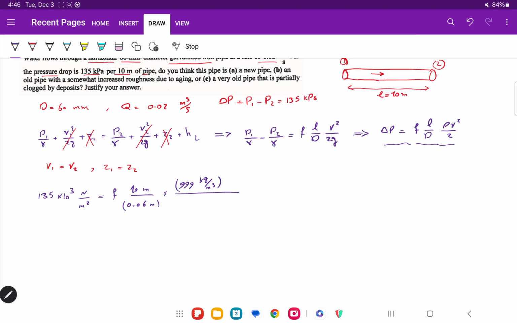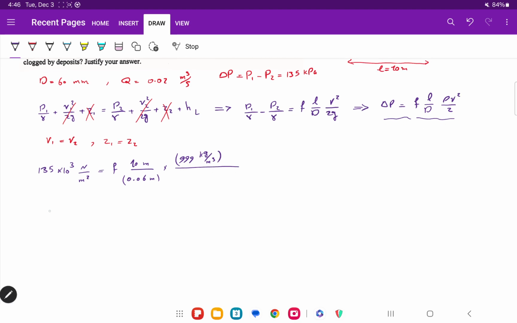So we have to find velocity, and it's easy because we know the flow rate Q and the diameter. So Q equals A times V. So velocity equals Q, 0.02 cubic meters per second, over area, pi d square over 4, with d 0.06. Don't forget that. So velocity equals 7.07 meters per second.